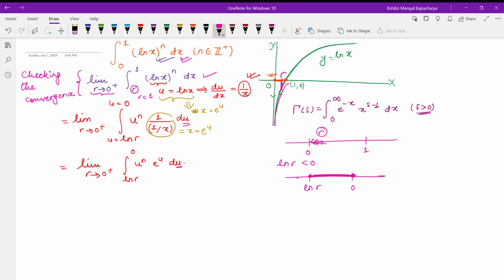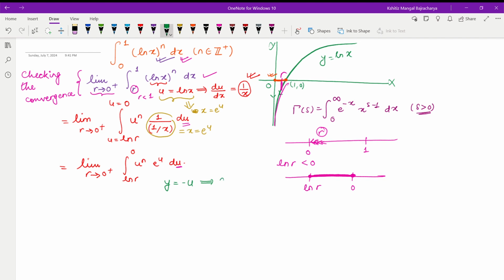Since these are non-positive values, we can write u equal to minus y, where y is a non-negative variable. So let's make the substitution y equals minus u.